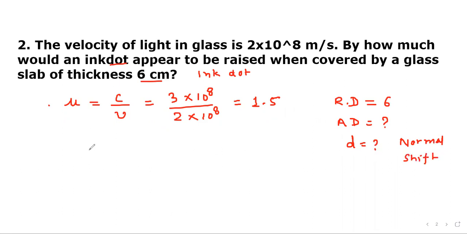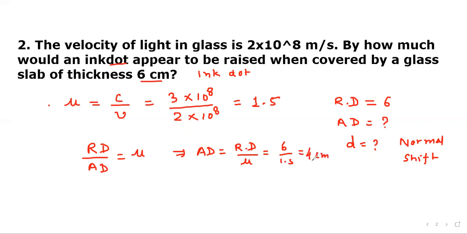Real depth divided by apparent depth equals mu. Now we have to find out the apparent depth. So apparent depth is equal to real depth divided by mu, that is 6 divided by 1.5. So this will give 4 centimeter.